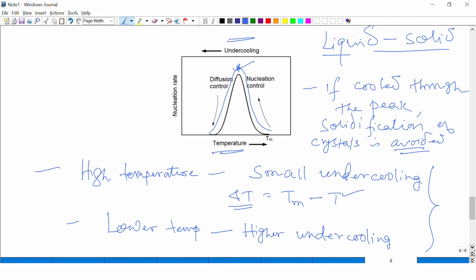So, when the temperature is high, in this scenario, the undercooling is low, and as a result the driving force for nucleation is also low.